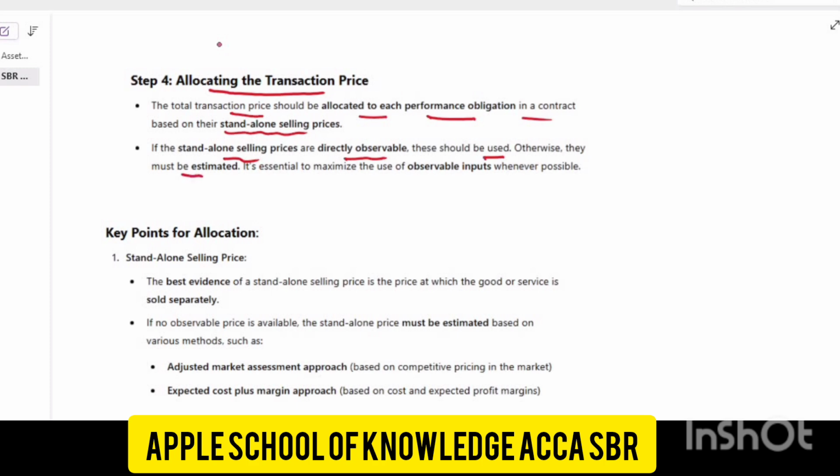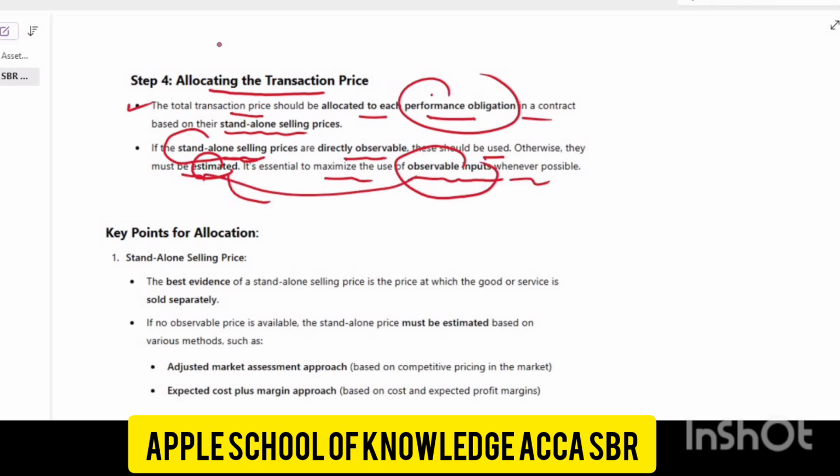Otherwise, it must be estimated, essentially to maximize the use of observable inputs whenever possible. You have to use the stand-alone selling price for the performance obligation. If not observable, then you have to estimate it, but you should try to maximize the use of observable inputs in your estimation. Clear?